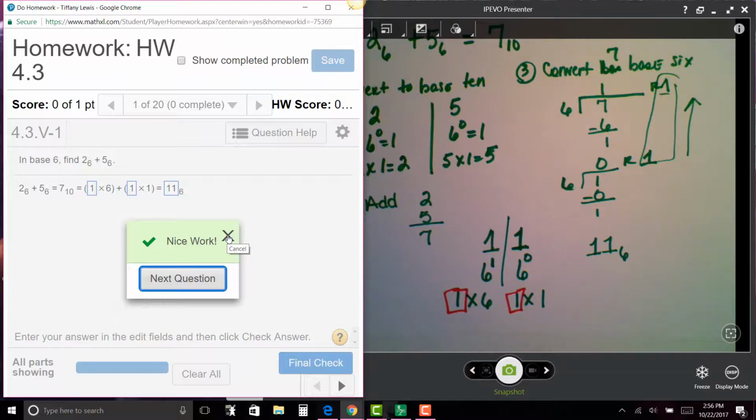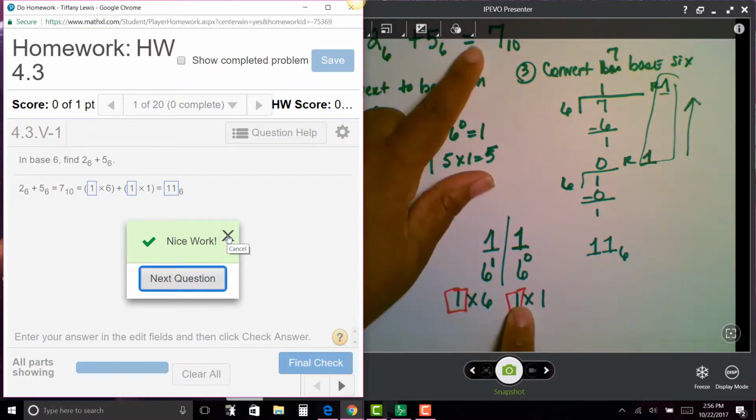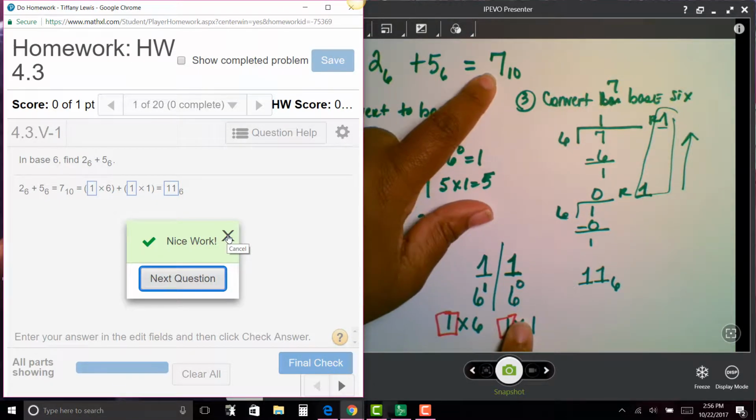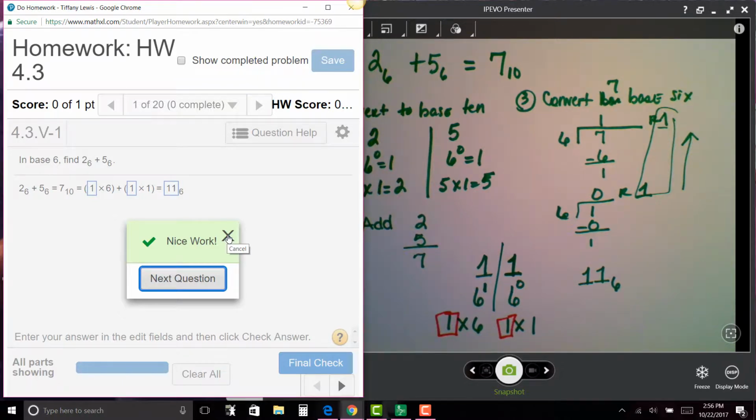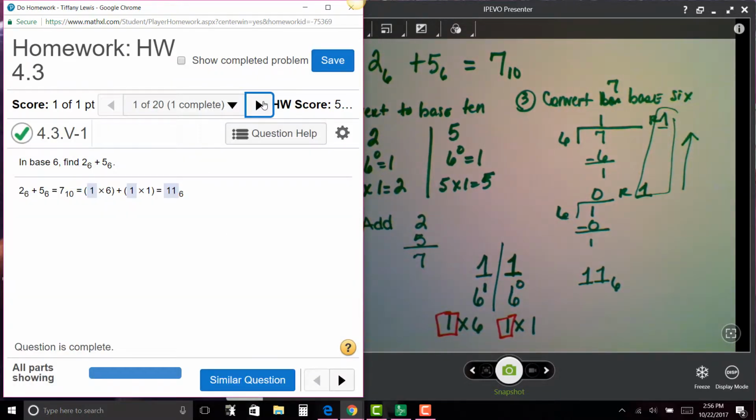And really, when we convert this in base 6, we're going to end up with 7 base 10, basically. It's like we're going around the world and coming back, around the circle and coming back. The next example, look at number 2.